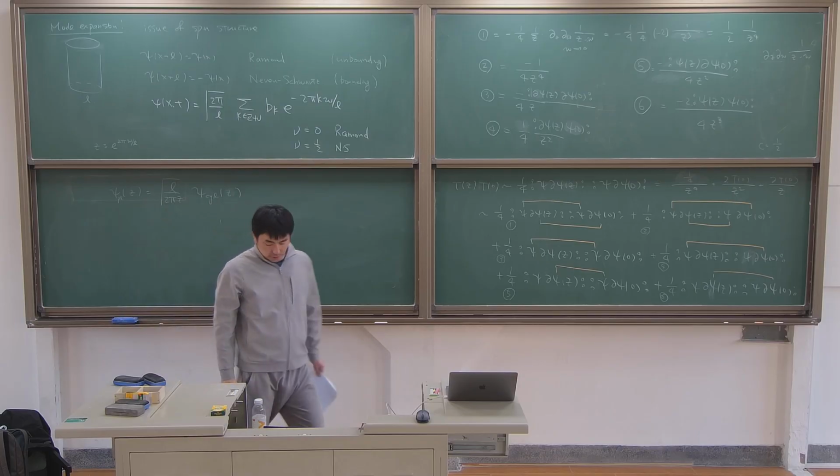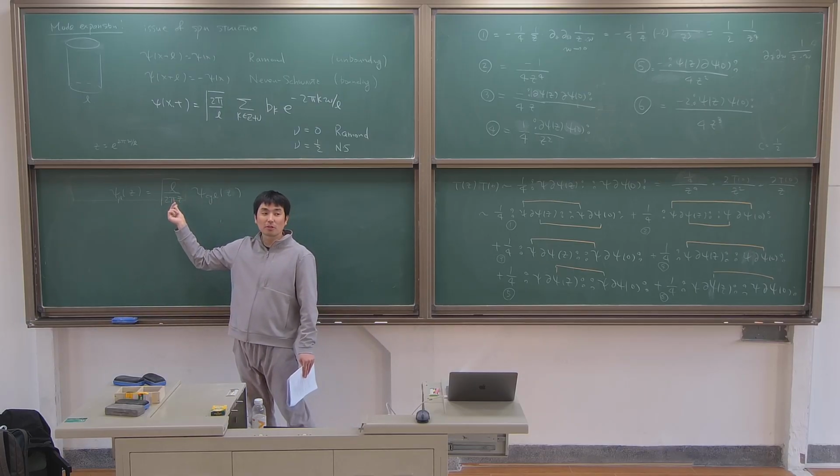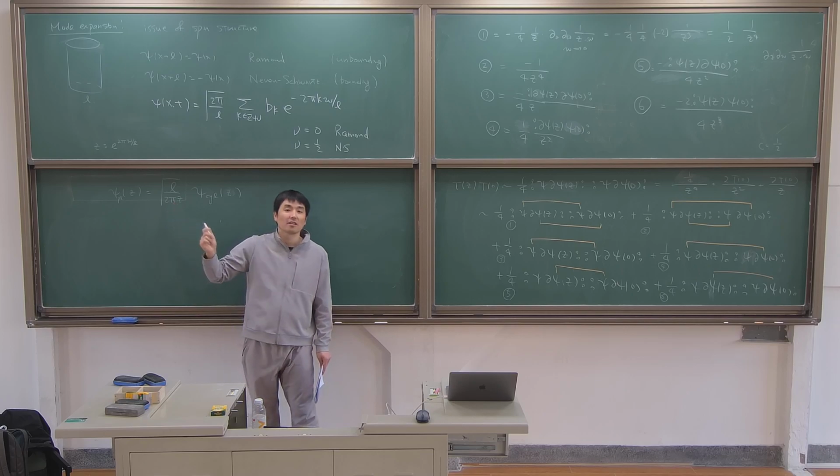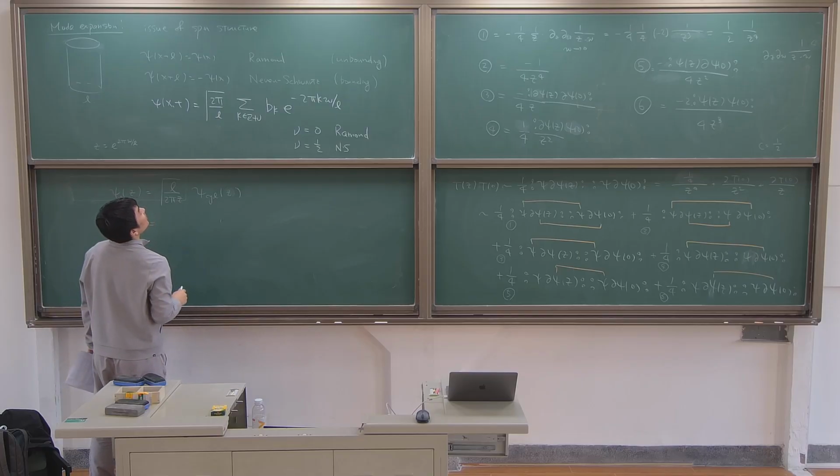Okay. So now you have a shift of 1 over square root z. Okay, 1 over square root z. So this one will give you the following expansion.